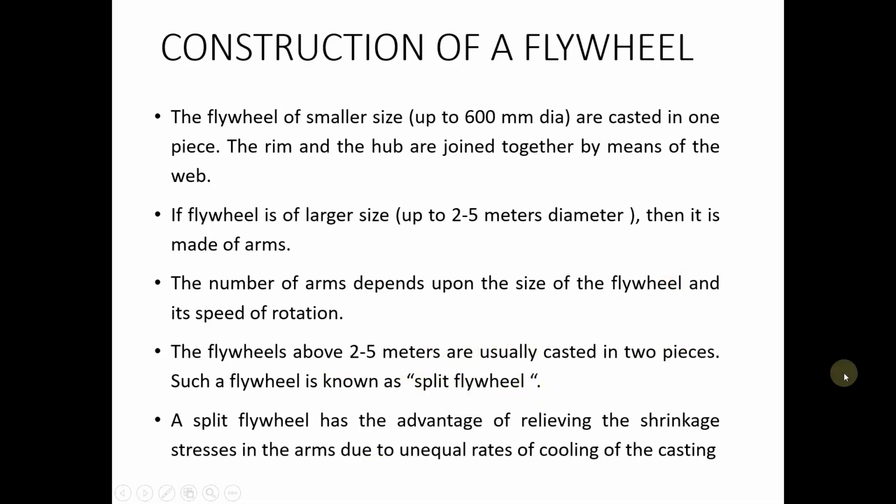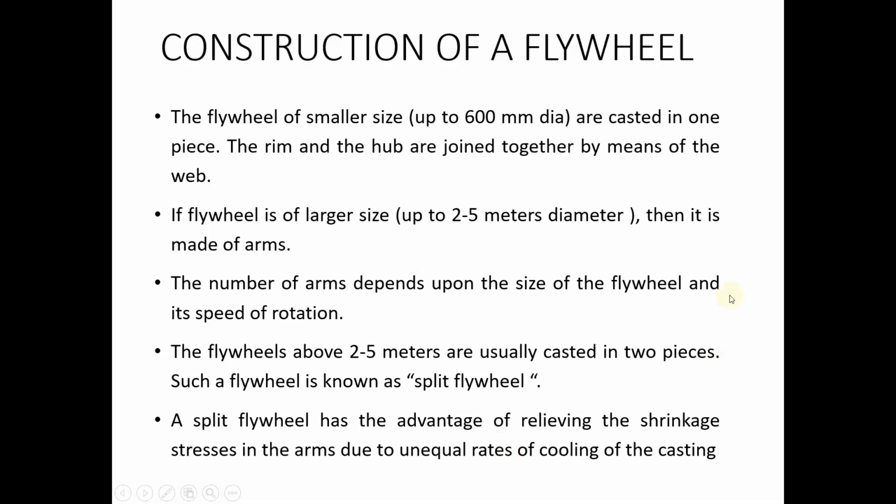Split flywheel is again not used very commonly. It is used only for very large machineries and very heavy engines. And the advantage is that since it is made up of two different pieces, or it may be made up of two different materials, which are not joined together, there won't be any shrinkage stresses in the arms due to unequal rates of cooling of the casting.